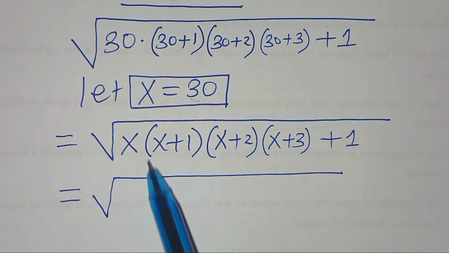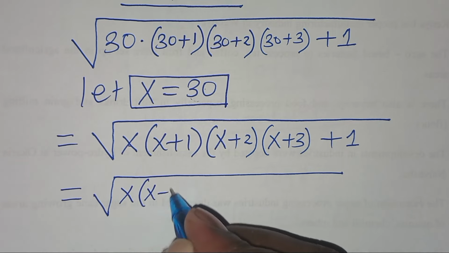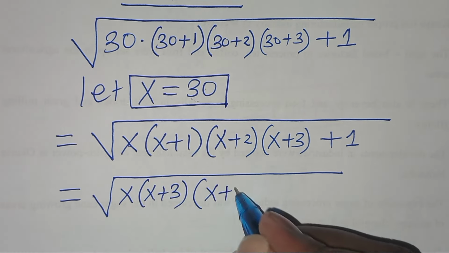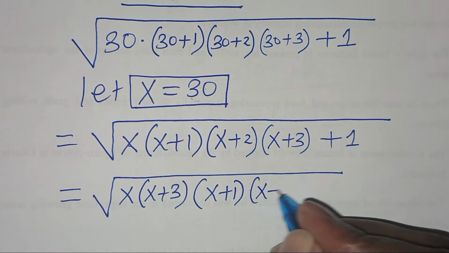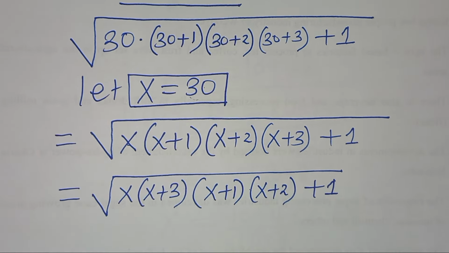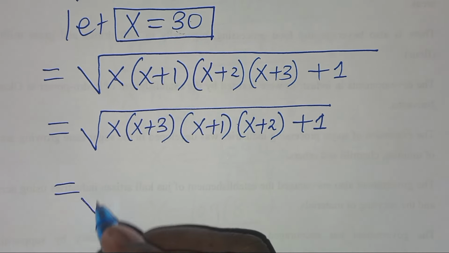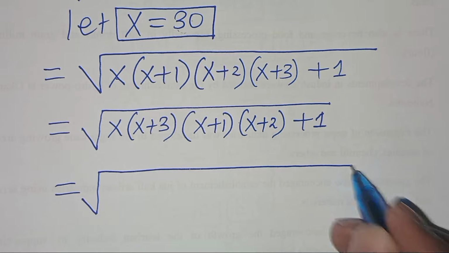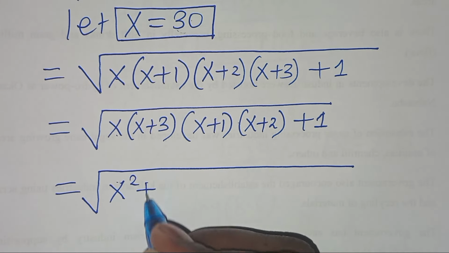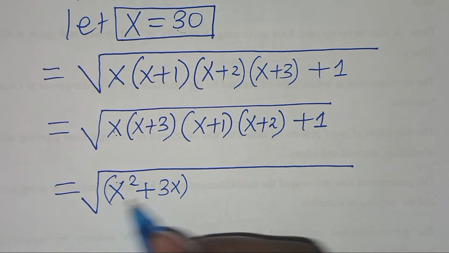This is the same thing as we can have x times x plus 3, and then here we have x plus 1 multiplied by x plus 2 and then plus 1. The next step here, we'll have the square root of x times x, this is x to power 2, plus x times 3, this is 3x, close the bracket here.